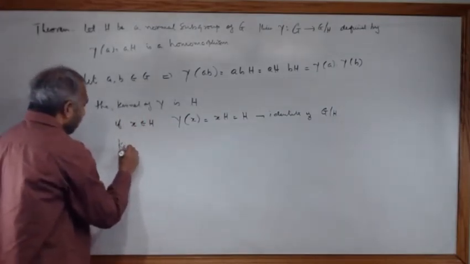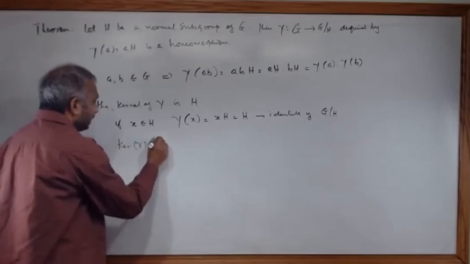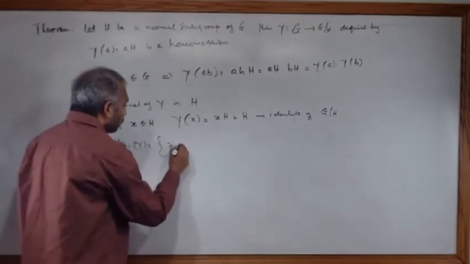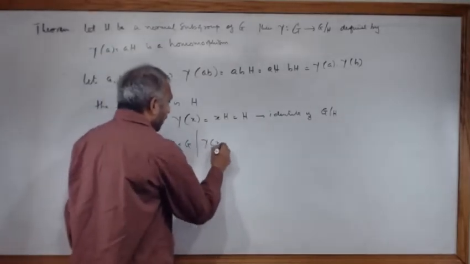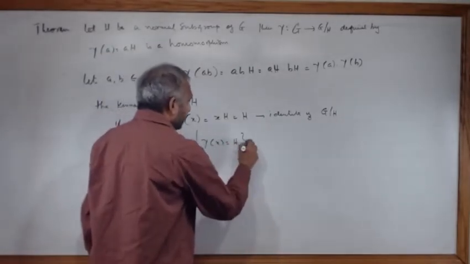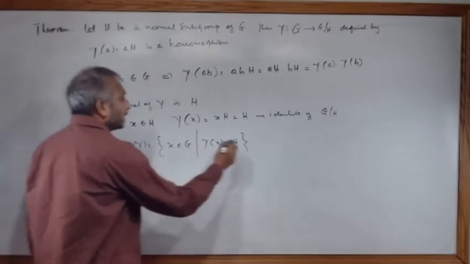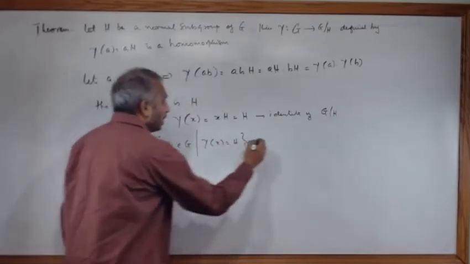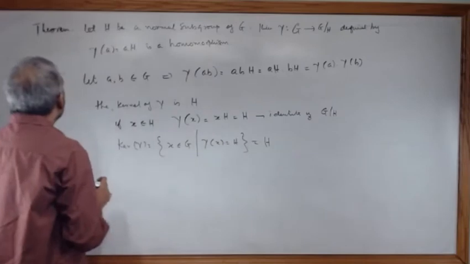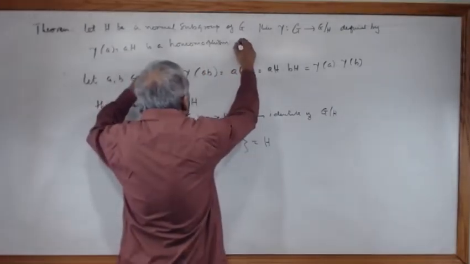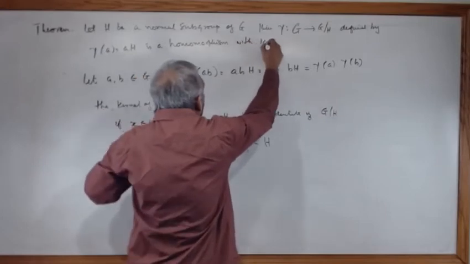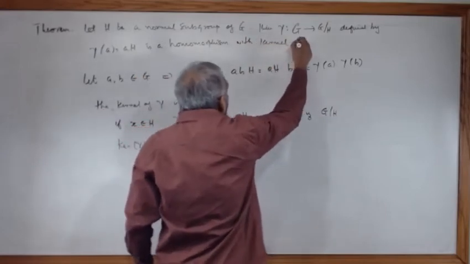The kernel of gamma is equal to all elements from G such that gamma of x is equal to H. So the kernel of gamma is H. So we can write that gamma is a homomorphism with the kernel H.